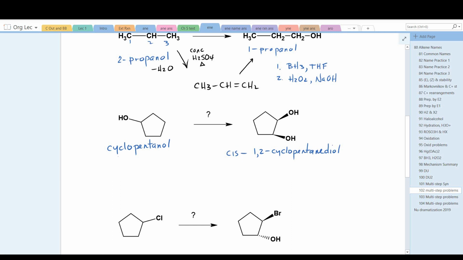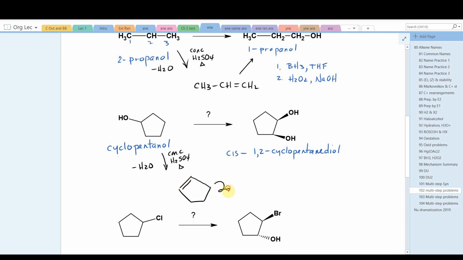Again, that can't be done directly, so we'll need to do it in several steps. We know that we can dehydrate alcohols using concentrated acids like sulfuric or phosphoric and heat, losing water. The hydroxyl group is lost from one carbon and a hydrogen from an adjacent carbon.